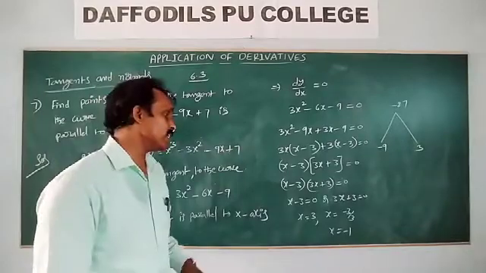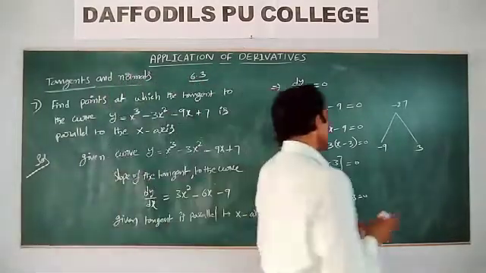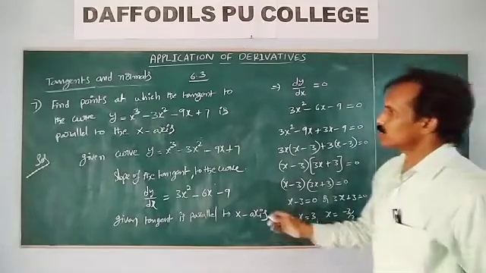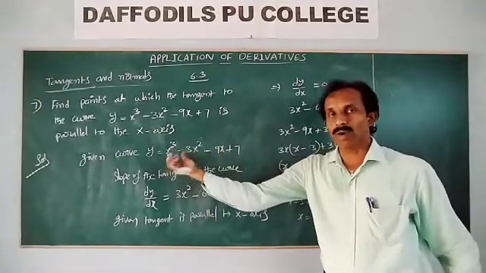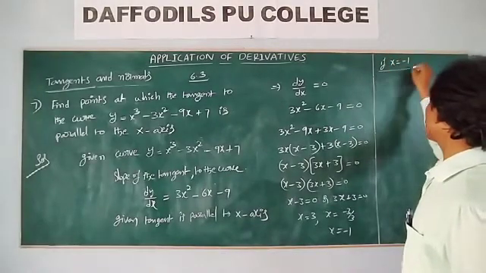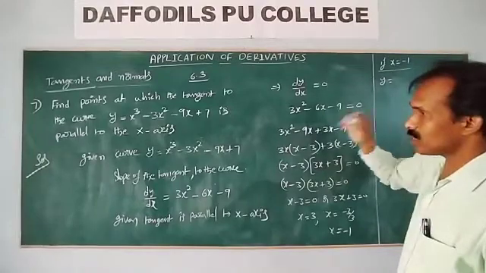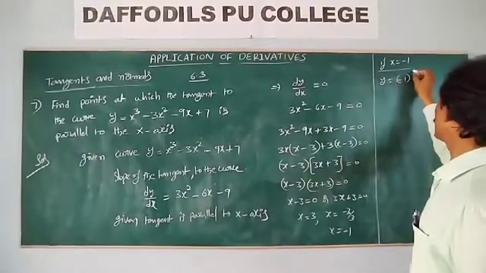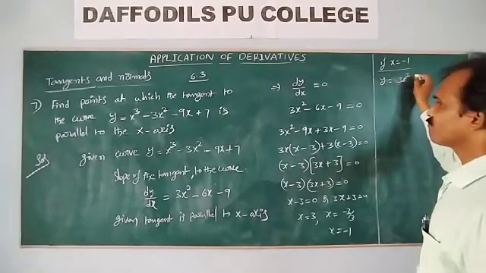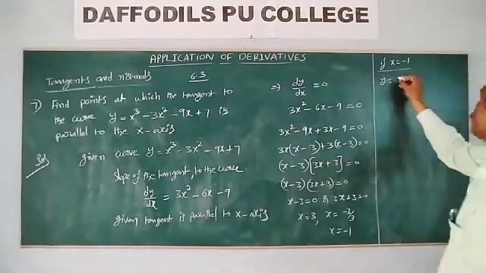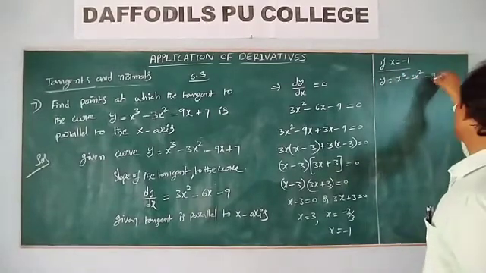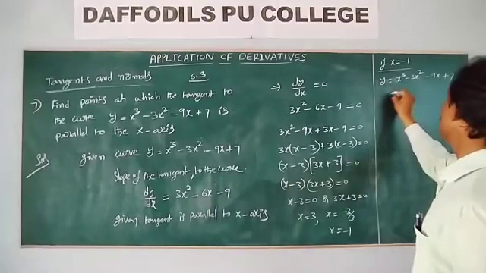They ask point. Point means x coordinate and y coordinate. Substitute these values in the given curve y. If x is equal to minus 1, what about y? Y is equal to x cube minus 3x square minus 9x plus 7.